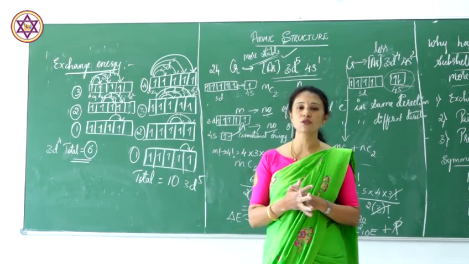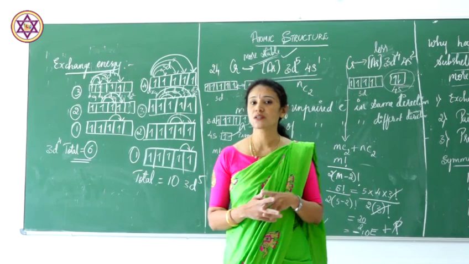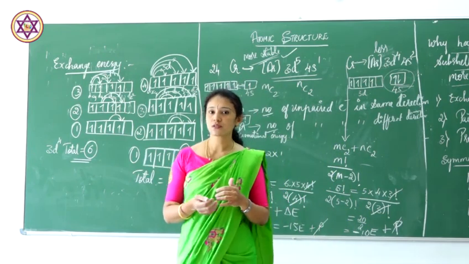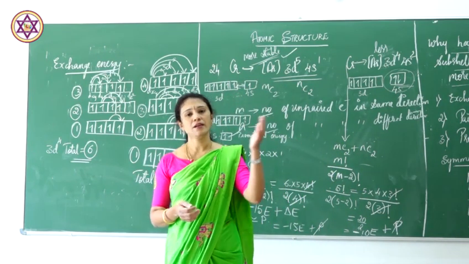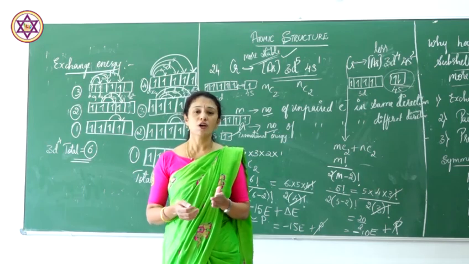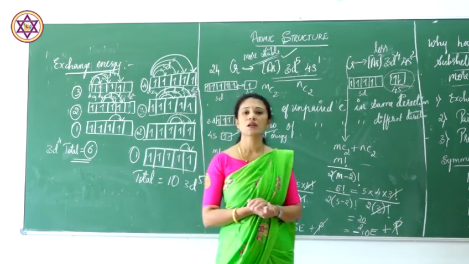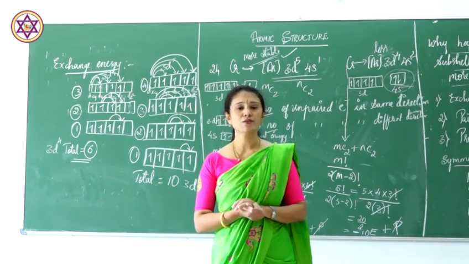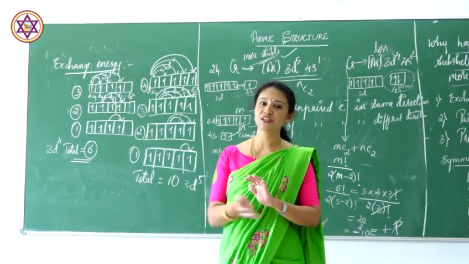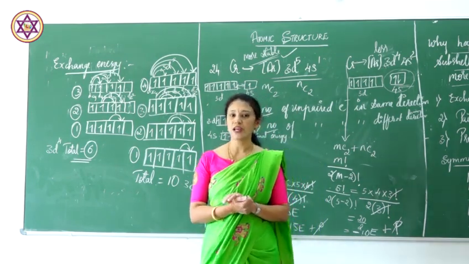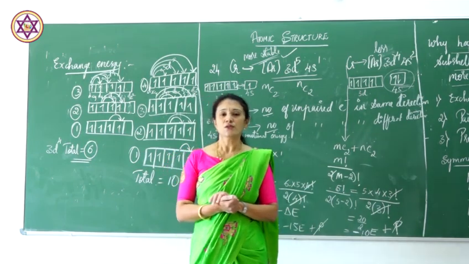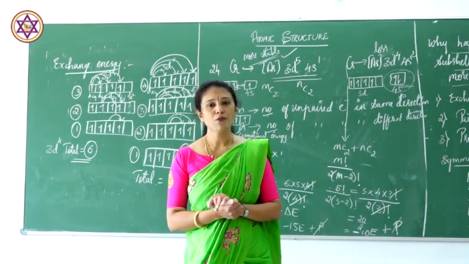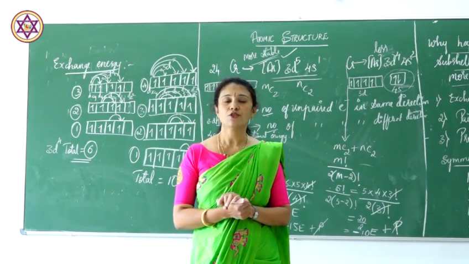I have explained that also for you all, as well as nodes, radial and angular nodes, quantum numbers and also the orbital shapes of different orbitals, and in this session I have explained completely about the filling of electrons and electronic configuration. So, it is clear now for you all about the atomic structure.